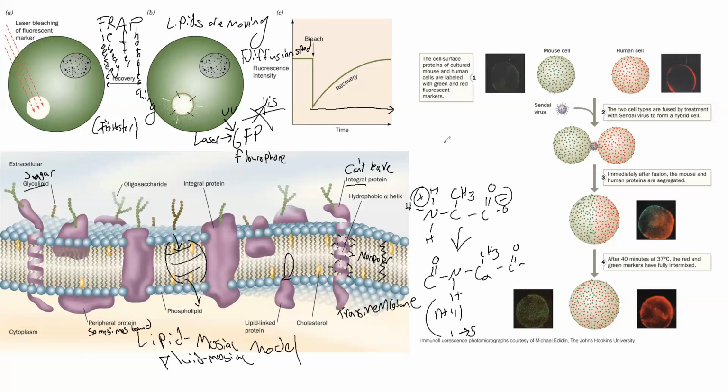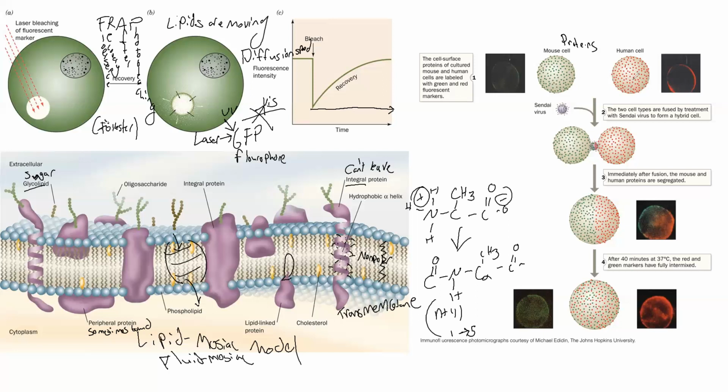Another way is shown in this experiment. In this experiment, we have two cells, mouse cells and human cells. You color the proteins on the mouse cell with a green fluorophore. So this is proteins.